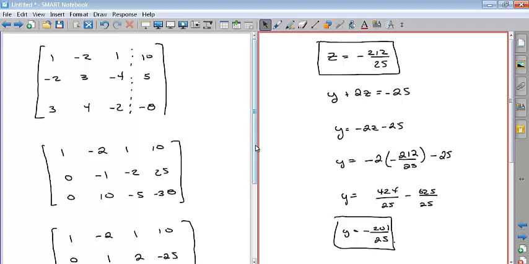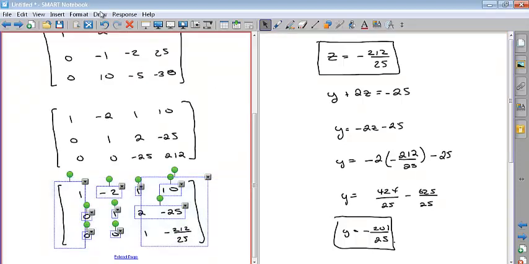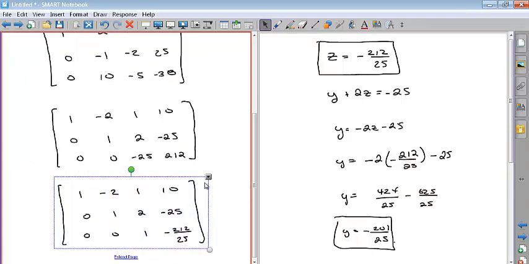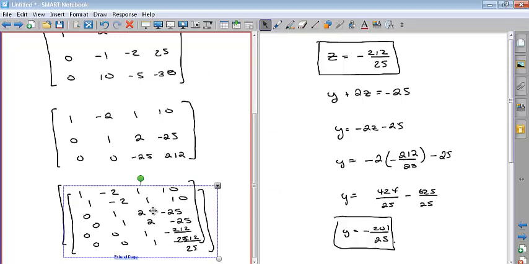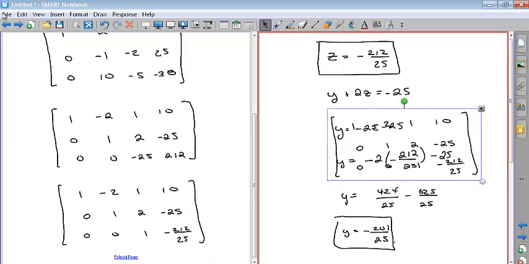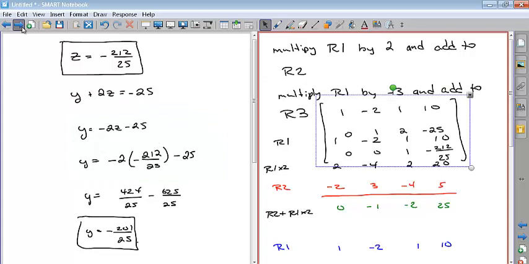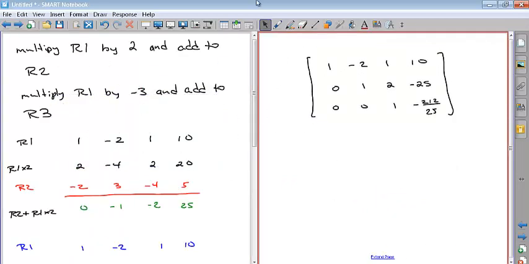Okay, now what we're going to do is start here. I'm going to show you how Gauss-Jordan elimination works. So to do Gauss-Jordan elimination, you start with the matrix that you would have had at this point, where we can use back substitution.